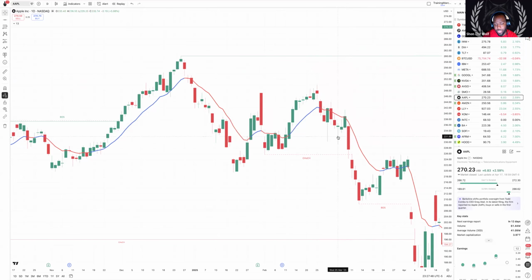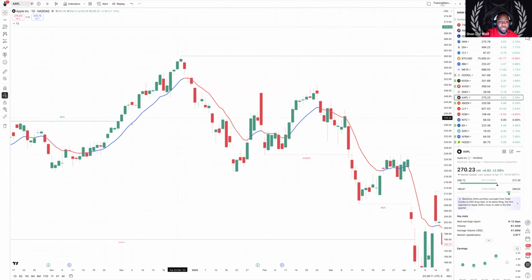The wick is this long, skinny line, and the body is this thick part. You want to see candles that open and close with the body and the wick under the moving average to show you the bearish trend. You want to see a candle open and close with the body and the wick above it to show you that the trend is trying to go into an uptrend. I call these dominant candles.